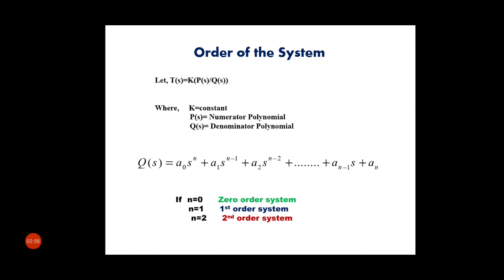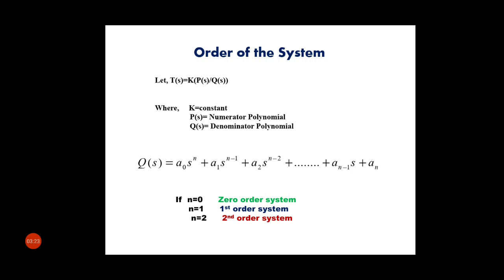After simplification we get an equation and then we compare this equation, where P(s) is our numerator polynomial and Q(s) is our denominator polynomial.